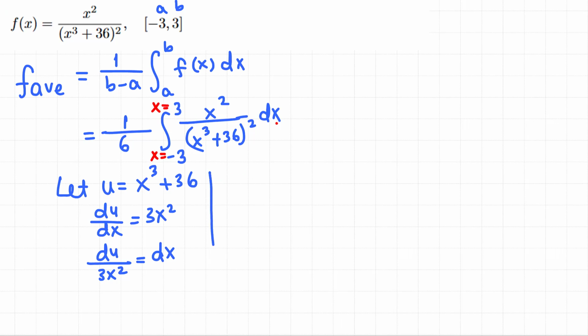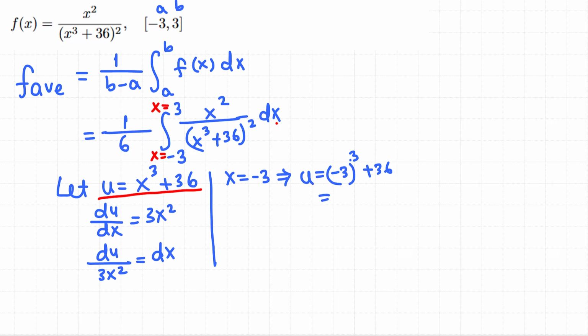So let's do that. When x equals -3, u will be -3 cubed plus 36. You can use your calculator.